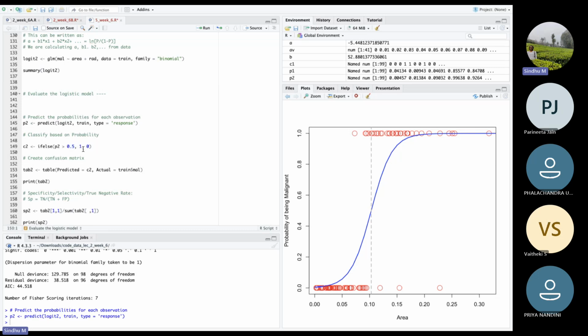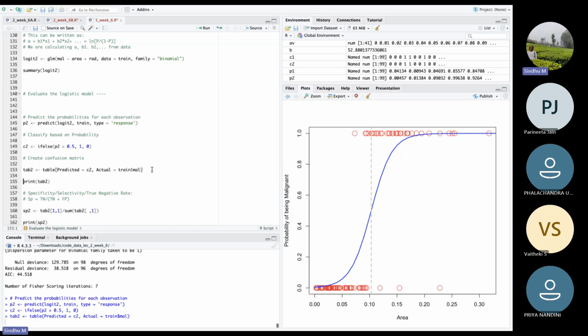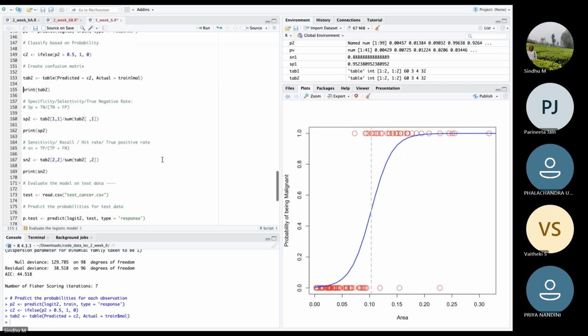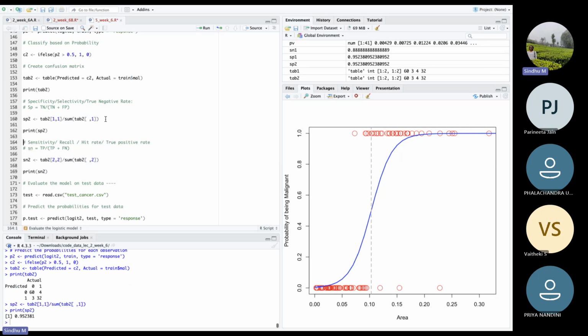So 1 means it is malignant. And just like before, we are making the confusion matrix to calculate the specificity and the sensitivity to find out how good the model is.